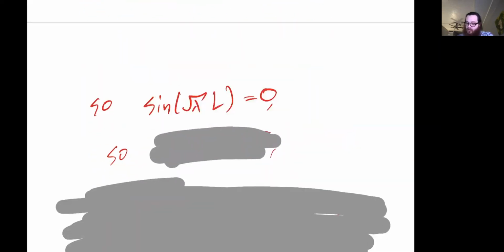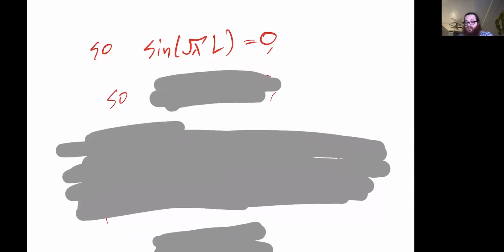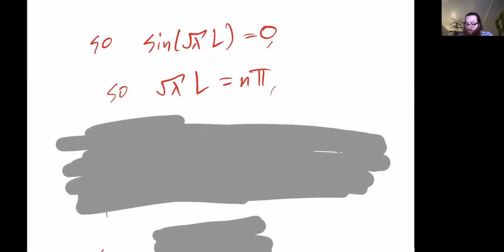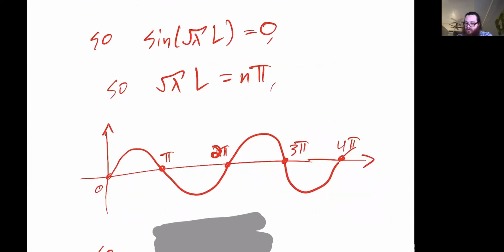So we have this. Where is sine 0? Well, in this case, the argument in here has to be a multiple of pi. Why? If we draw a picture, this is sine of x.